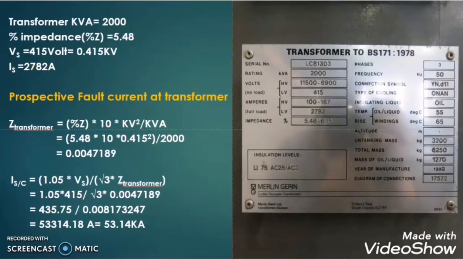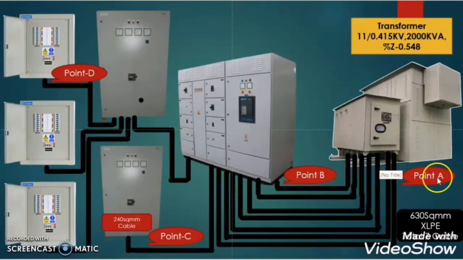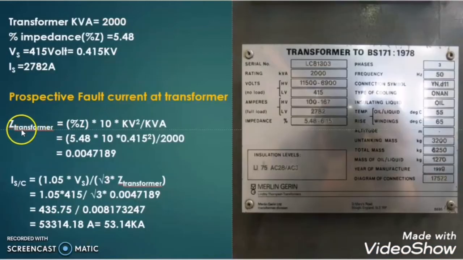Now I have to calculate the prospective short circuit fault current at the transformer level. So what we will do, we will find the transformer impedance. This is the percentage impedance of the transformer, don't be confused. We have to calculate the transformer impedance.